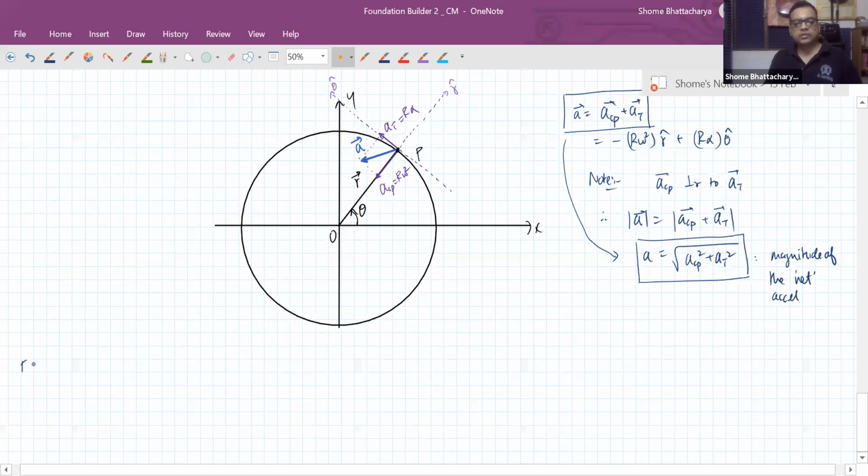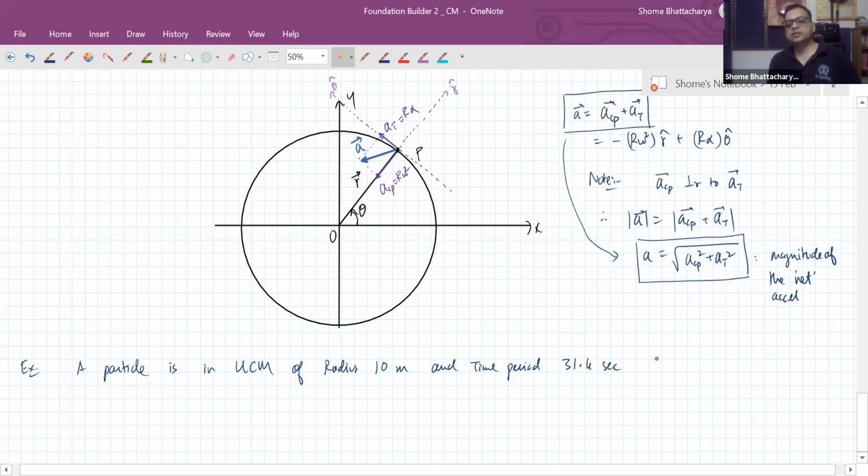Let's look at an example question next. A particle is in uniform circular motion of radius 10 meters and time period 31.4 seconds.